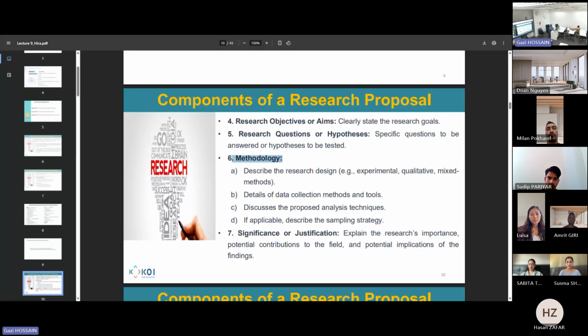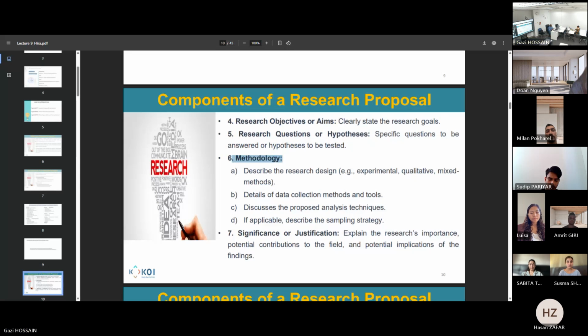Next, methodology: how we will be doing our research. That is, how we'll be collecting the data and how we'll be analyzing the data. There are two main components of methodology: data collection method and data analysis method.